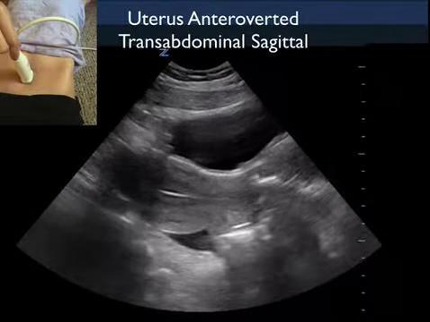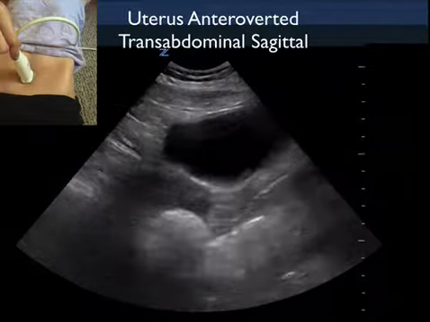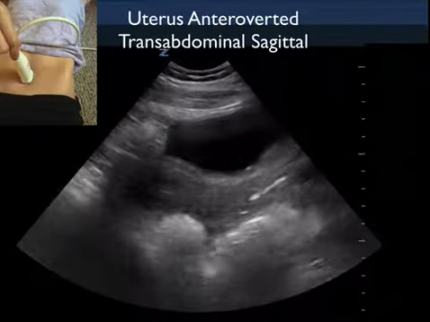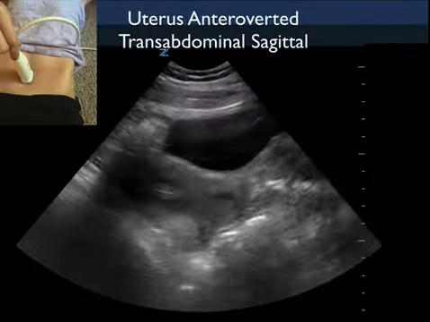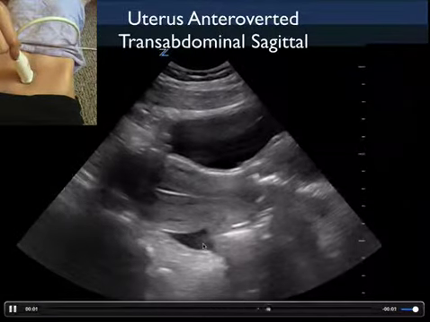What we first will notice is the fundus of the uterus behind the anechoic bladder. Next, behind the cervix, we will notice the anechoic space, which represents the pouch of Douglas.